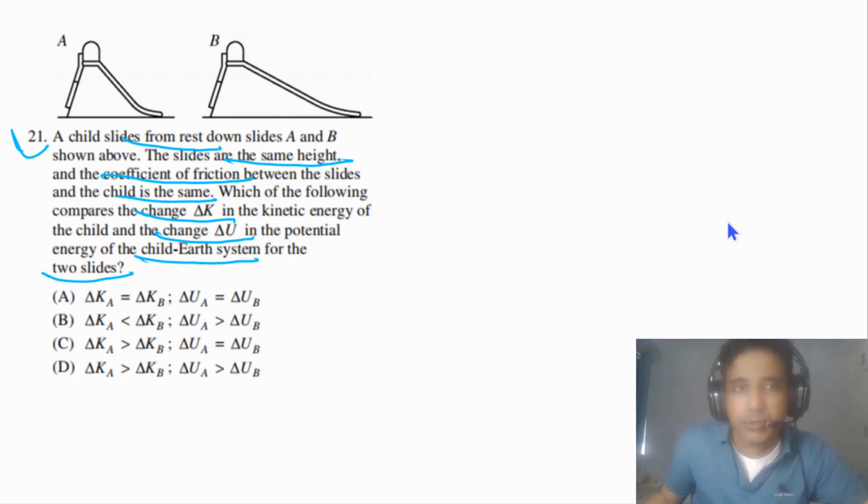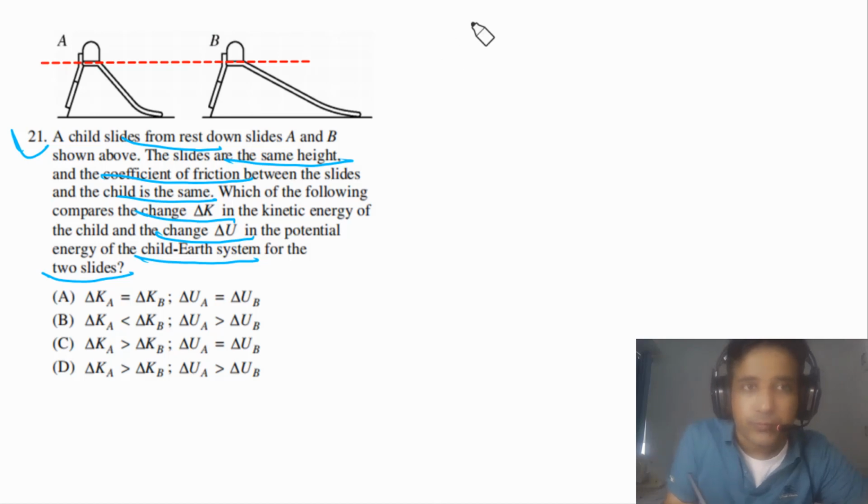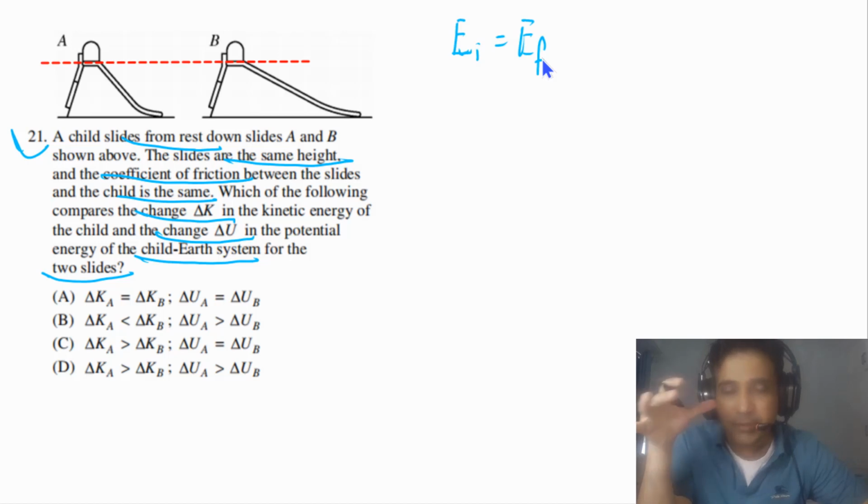Now let me explain this question in detail. If you want to understand this whole concept in detail, you can see these two slides have the same initial height. Now we will use conservation of energy. First of all, we can say the initial total energy has to be equal to the total final energy.